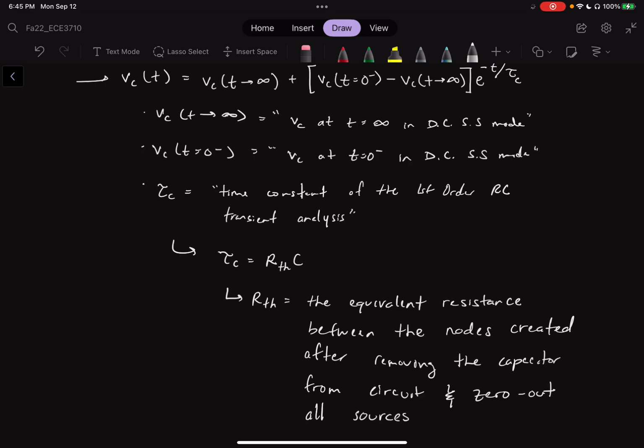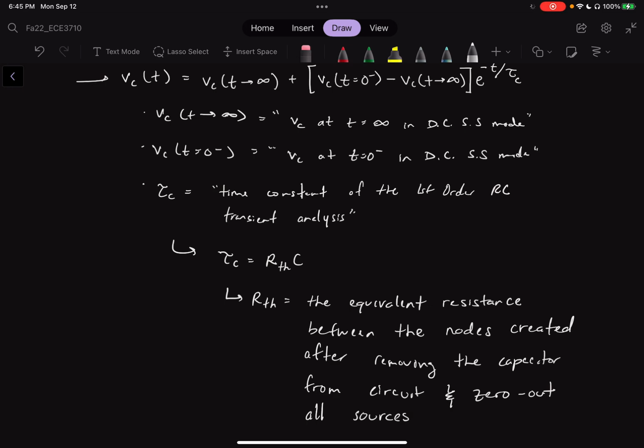So it's very similar to R Thevenin, as shown in Thevenin equivalent circuits. Tau c is R Thevenin times C. R Thevenin is the equivalent resistance between the nodes created after removing the capacitor from the circuit and zeroing out all your sources.